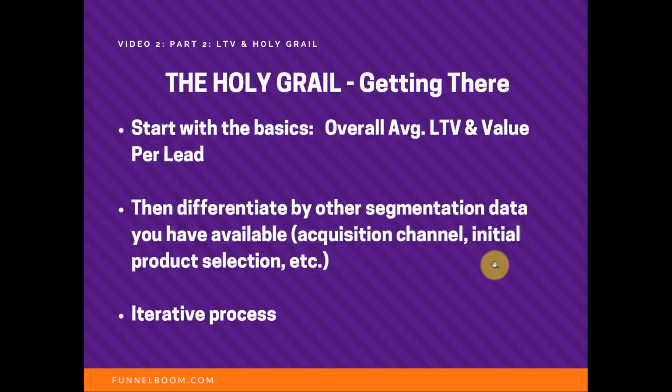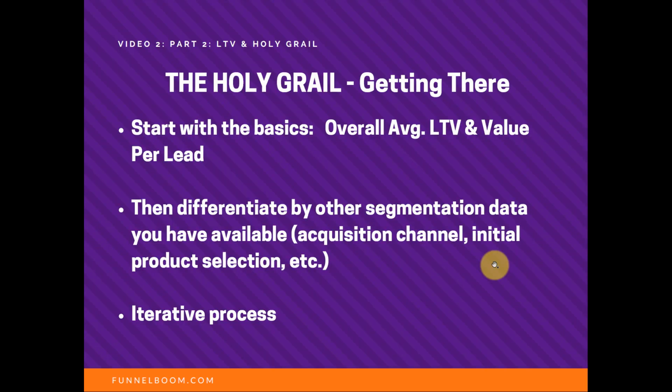Once you have that high level metric, then you can start to break it down by other segmentation data you have available. So how were they acquired? What was the mix of channels that got them there? What was the initial product they bought? In the case of an e-commerce store, you might want to know, what's my value of someone who comes in on a free plus shipping offer versus someone who I give a big discount on a core product up front?